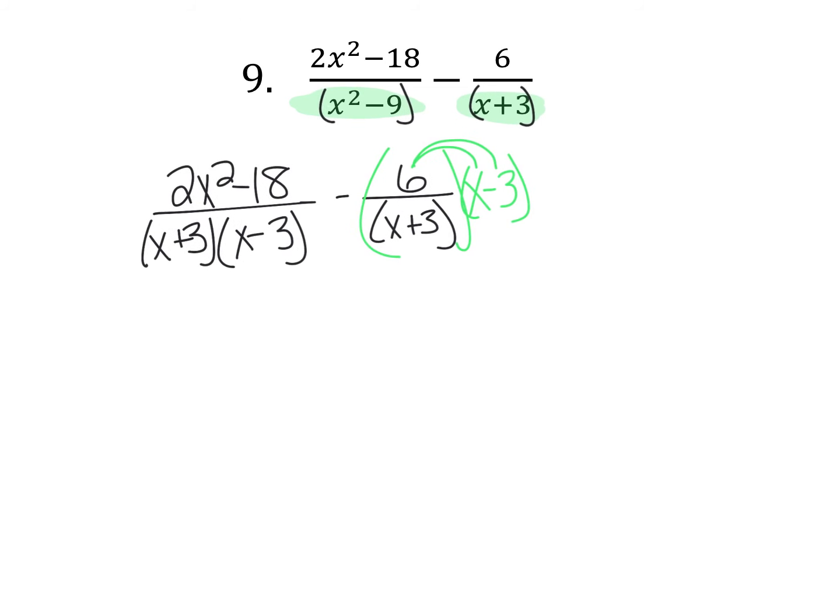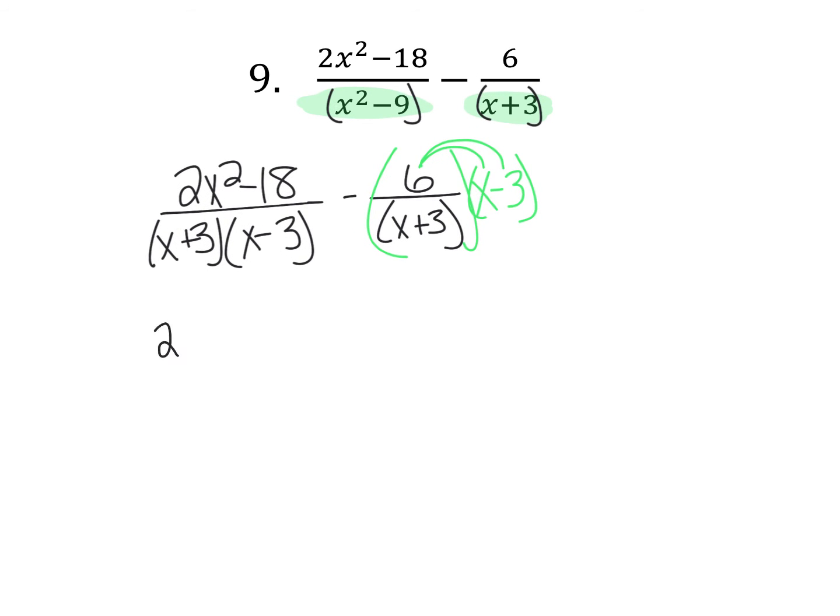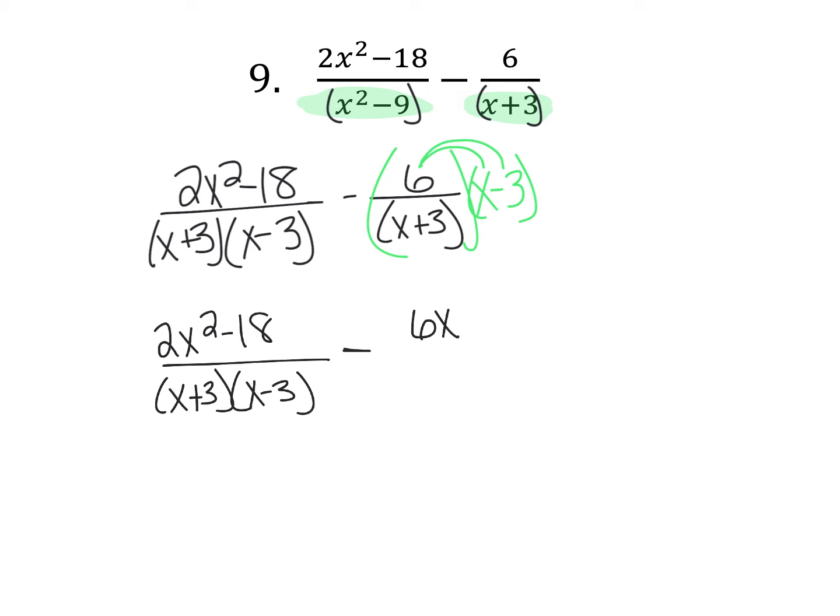So I'm going to keep the same fraction for our first one. And I have a minus, and I'm going to do 6x. 6 times negative 3 is negative 18 over x plus 3, x minus 3.